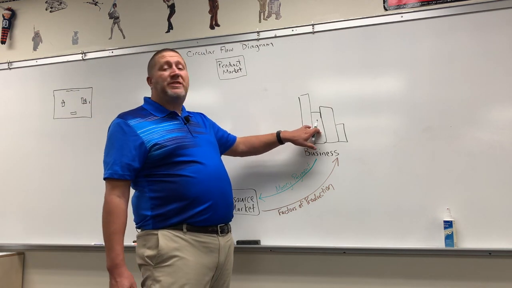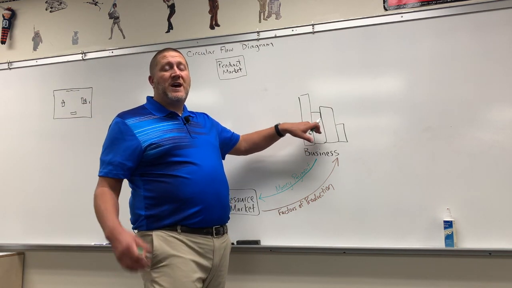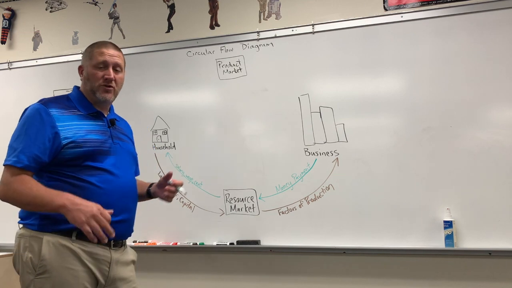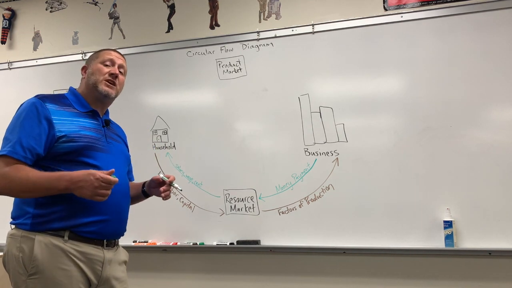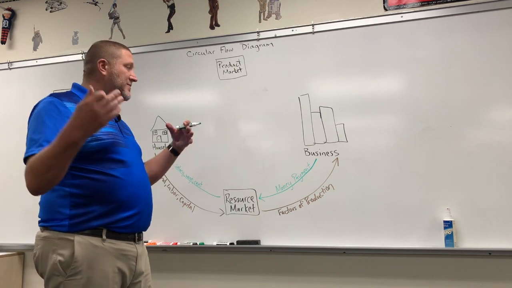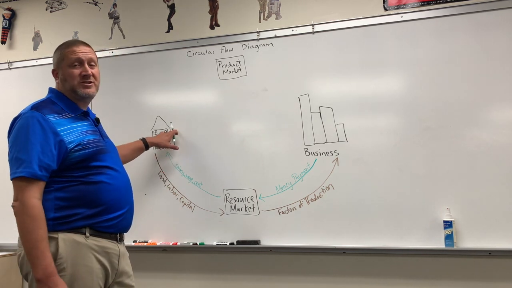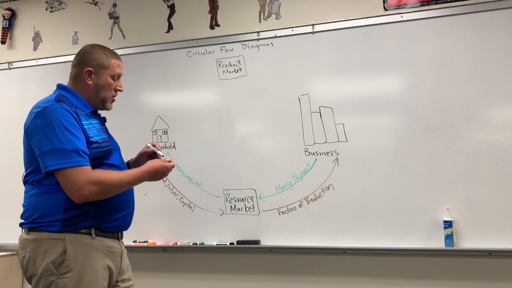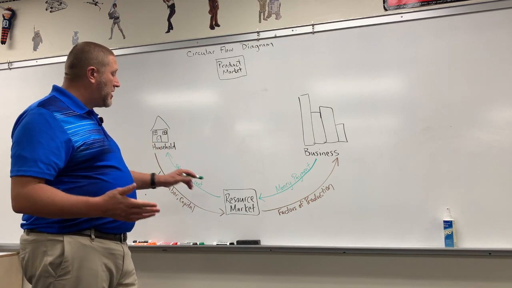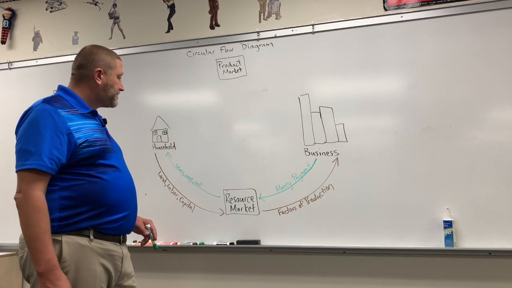Businesses can't function without households. You have to have a cashier at Meijer. You have to have somebody to stock the shelves at Meijer. You have to have a teacher. You have to have something like that in order for that to happen. And households aren't just going to do that for free. So that's what we have so far, and that's in the resource market.